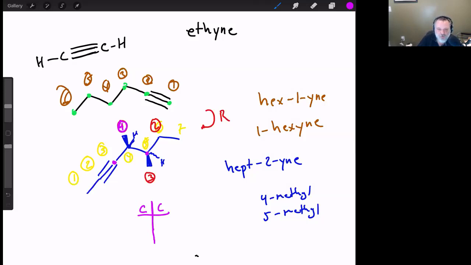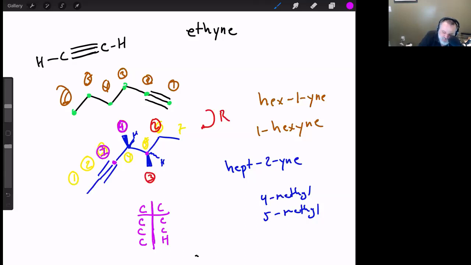Well, the purple carbon on the right is attached to a carbon and a hydrogen. But I'm going to count each bond in the triple bond and say that carbon is attached to 3 other carbons, even though in reality it's only attached to 1. We're going to count each bond in that triple bond as being connected to the atom it's connected to. And so that means that this is a higher priority group.